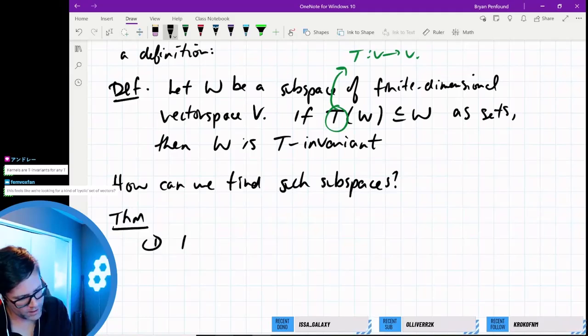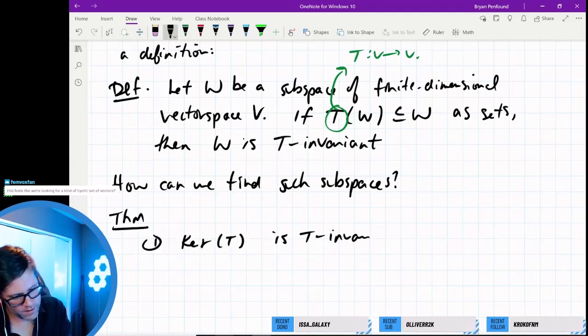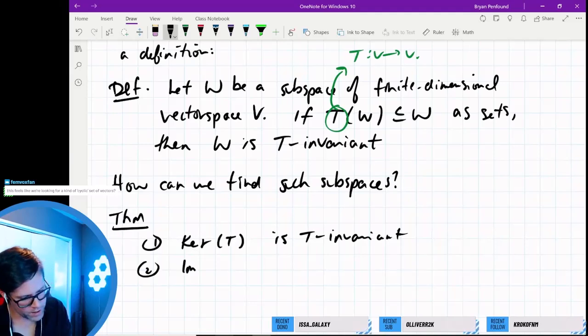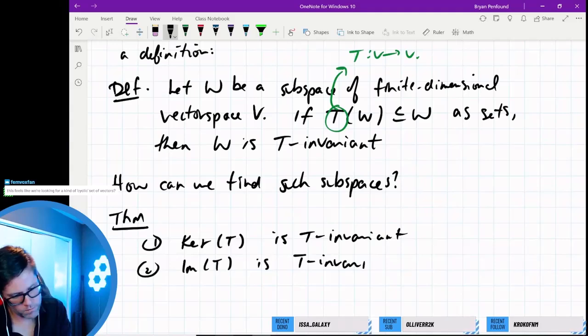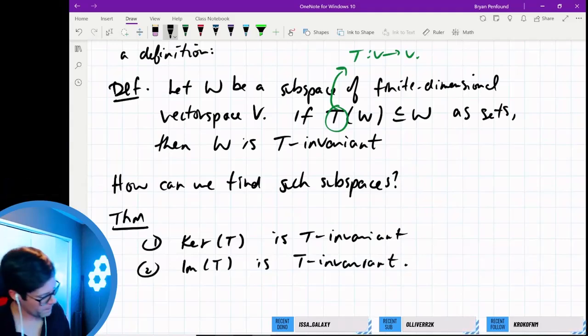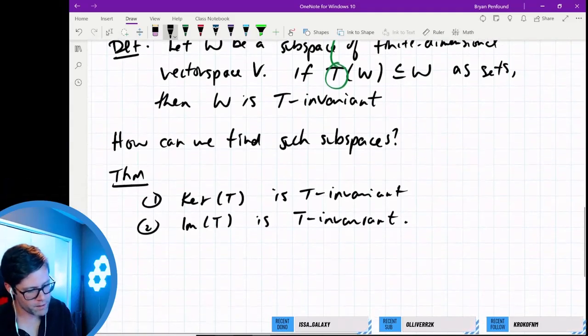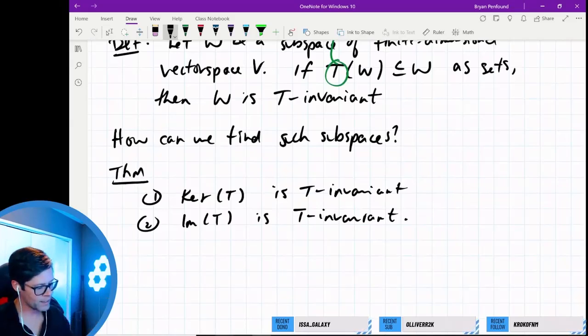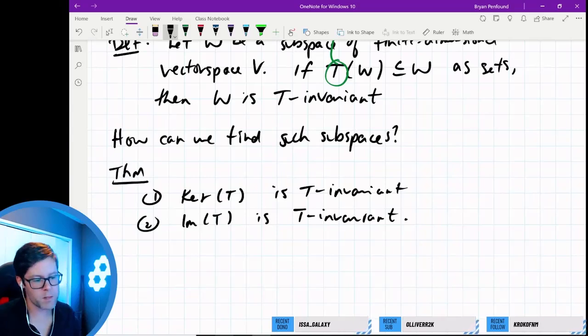One, the kernel of T is T-invariant. And two, the image of T is also T-invariant. And I'll leave that for you as an exercise to try. But yeah, you're right. So these two spaces are two examples of such subspaces.